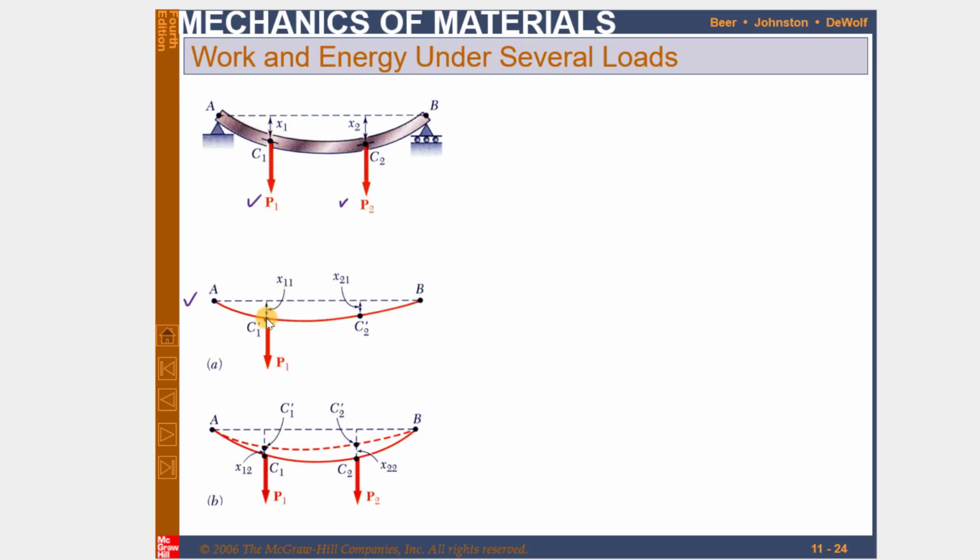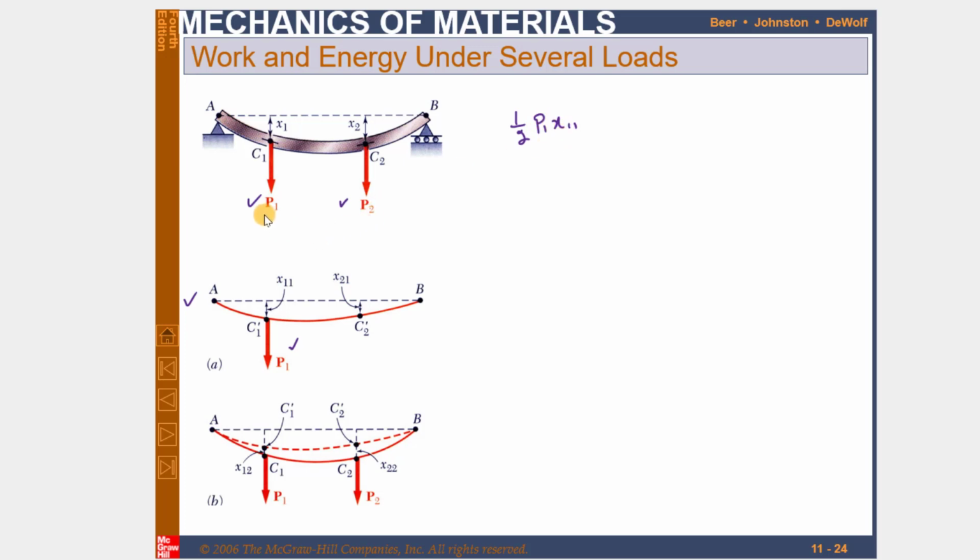So due to this load P1, there will be a deflection X11, and due to this P1 load, there will be deflection which is X21. Clear? Okay, so this work done by the load P1 is equal to 1 over 2 P1 into X11.